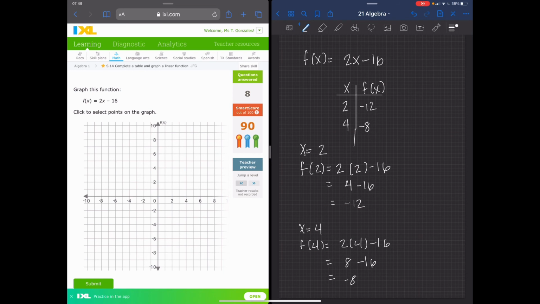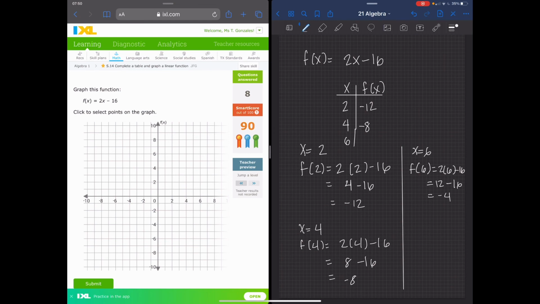So 4, negative 8 are a point on the plane. Let's try 6. So x equals 6. F of 6 equals 2 times 6 minus 16. 2 times 6 is 12 minus 16 equals negative 4.